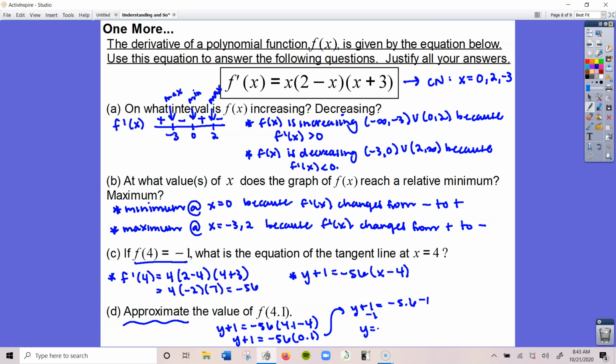So y is equal to negative 6.6. But remember that we cannot leave our answer like this. We have to make sure that we answer the question. So since it was an approximation for f of 4.1, we would write f of 4.1 is approximately negative 6.6.